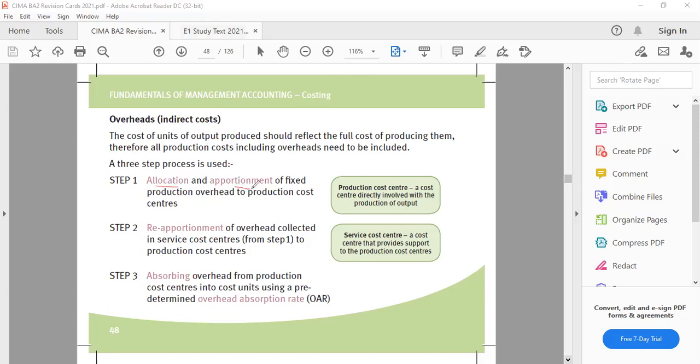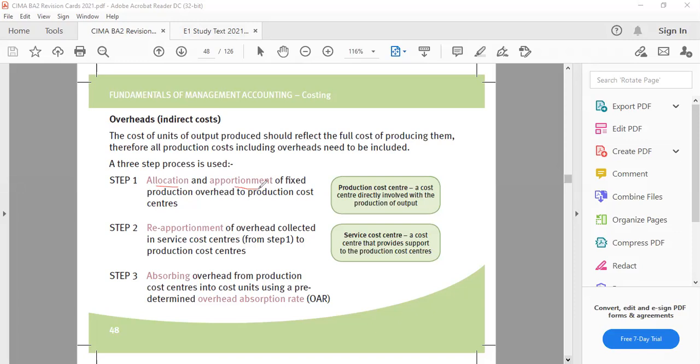What does it mean by allocation, and what does it mean by apportionment? Allocation is if we can identify the cost with the department, we charge it directly to that. If we cannot know that, then we divide and distribute. That is called apportionment. So the overhead costs are apportioned to the departments.